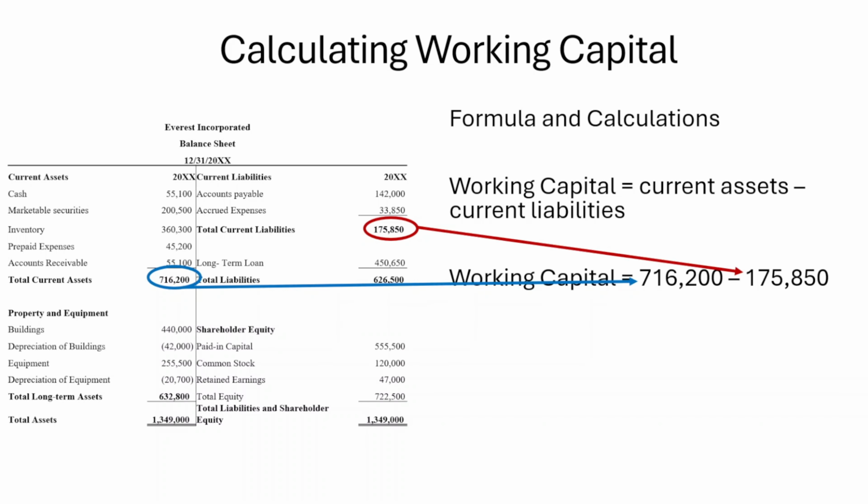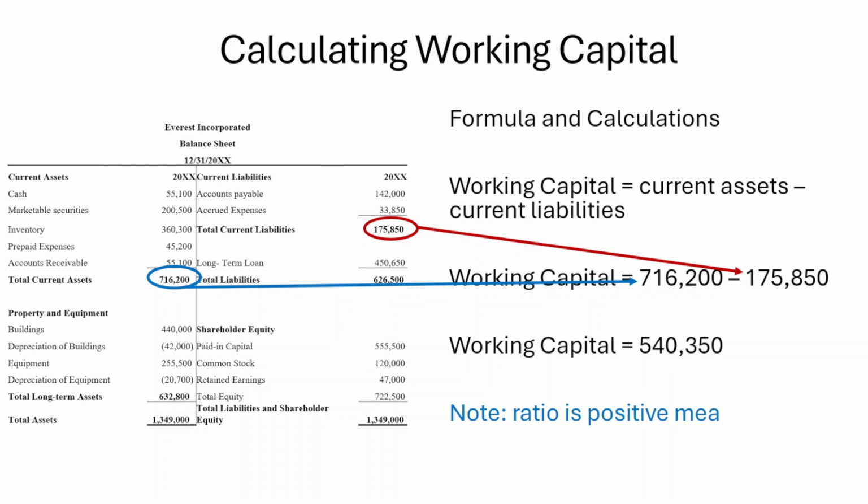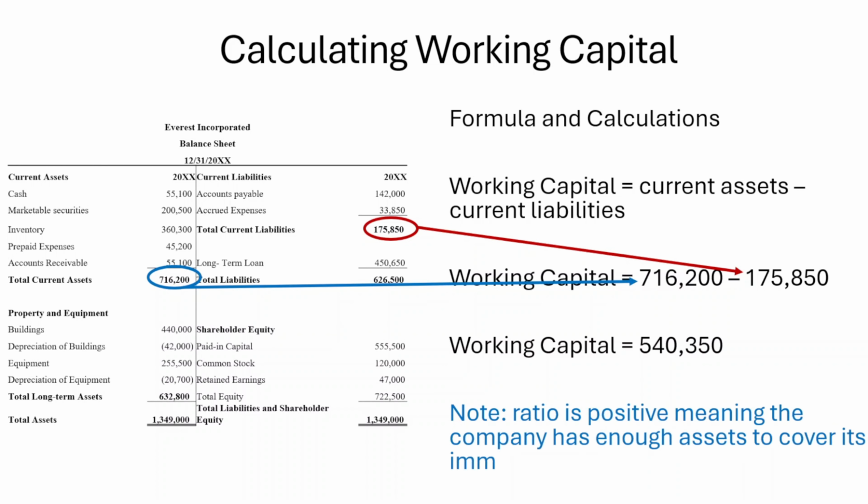Putting those in our formula, we get a working capital of 540,350. This is the amount that is left after the company has paid all its current liabilities. As you can see, the figure is positive, meaning the company has enough assets to cover its short-term obligations or liabilities.